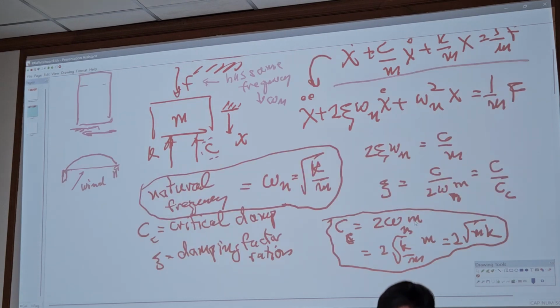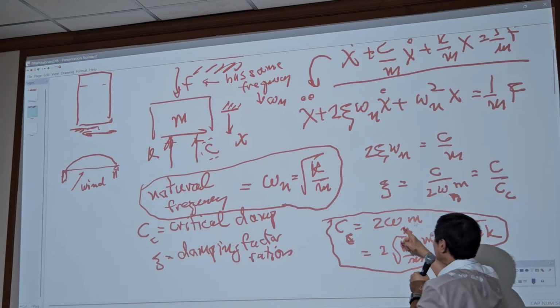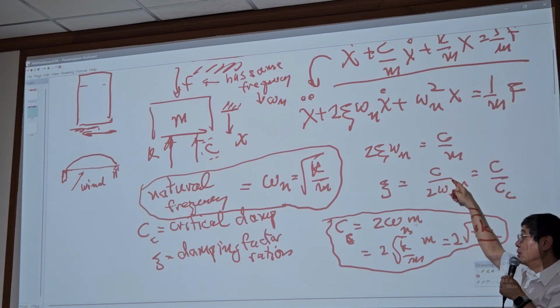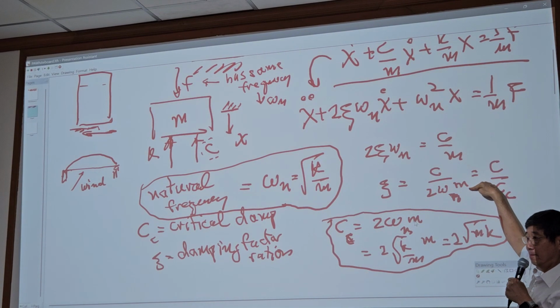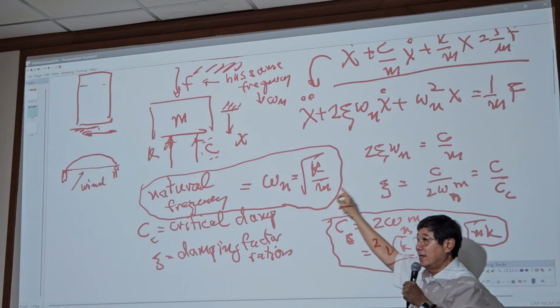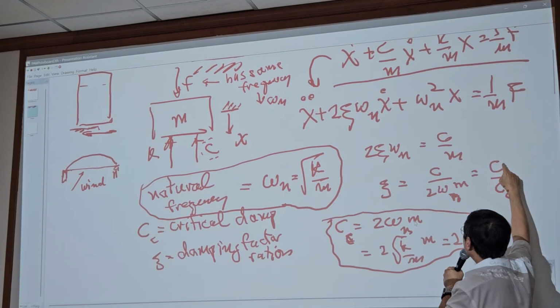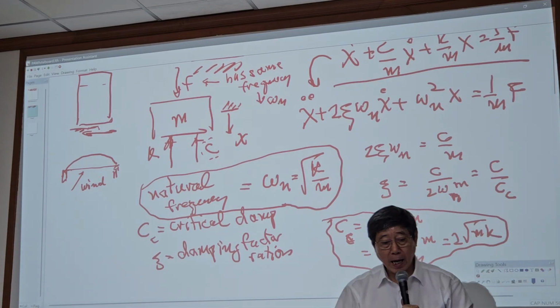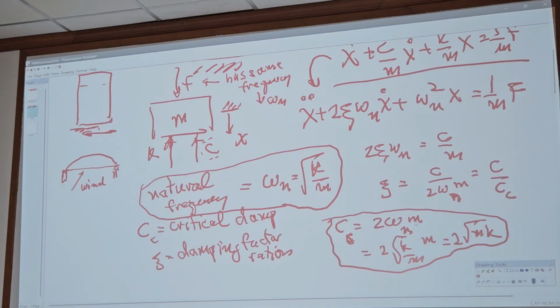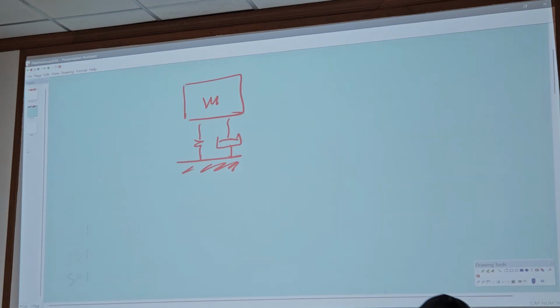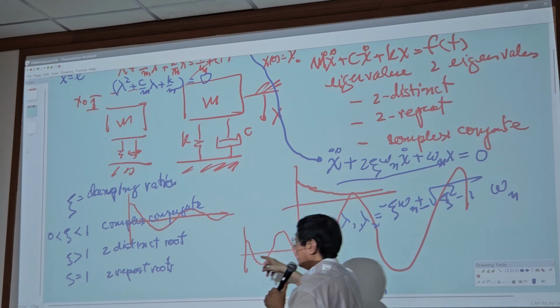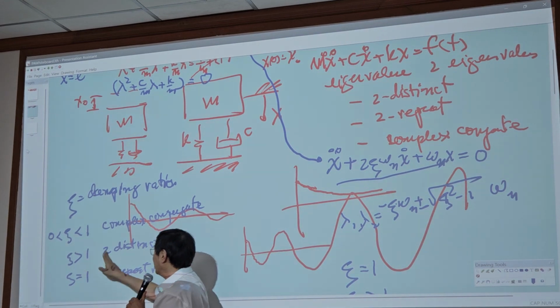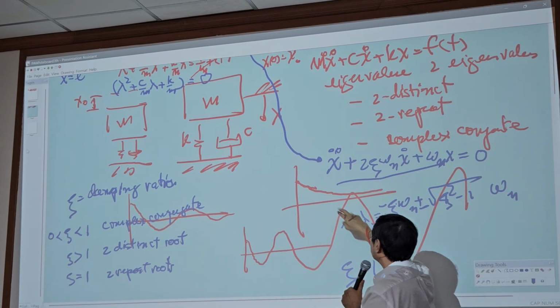You can find zeta here, you know C, you know M, you know omega n. So if zeta is greater than 1, what happens? Maybe like this.